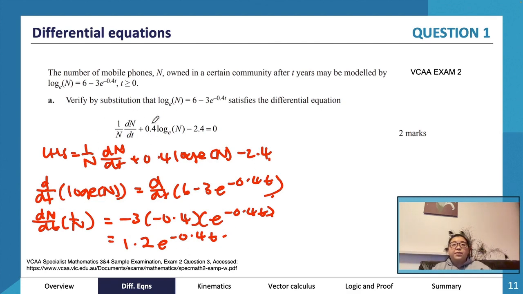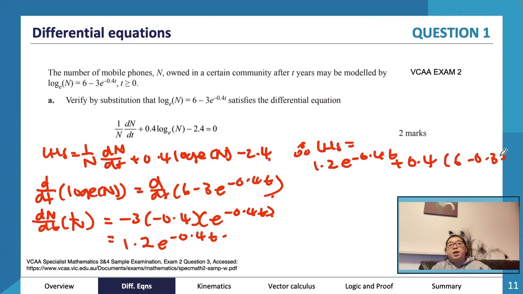So essentially we've got the first part of the equation. Now what we can say is that our left hand side is going to equal the expression we've just found, which is 1.2e^(-0.4t) plus 0.4 times our ln N, which is equivalent to 6 minus 3e^(-0.4t). Well, that kind of went off the page. Let's rewrite that part.